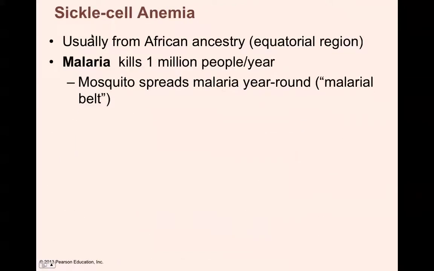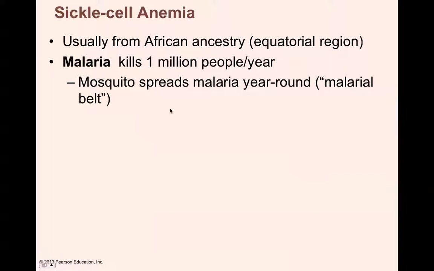Now, usually sickle cell anemia due to a gene that's inherited would be from someone with African ancestry, typically Africa around where the equator is. Because when you think about it, in the equatorial region, it remains warm to hot all year round. And so you've got mosquitoes that are endemic.